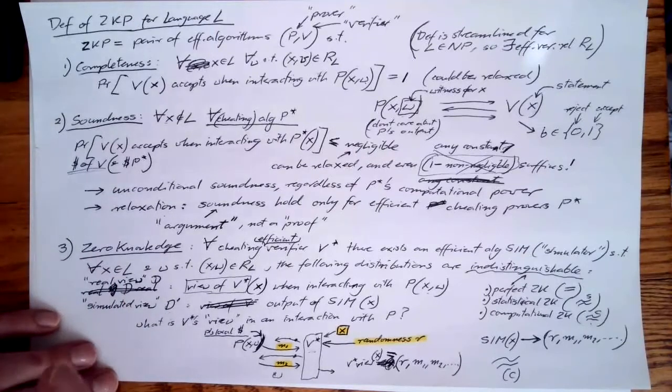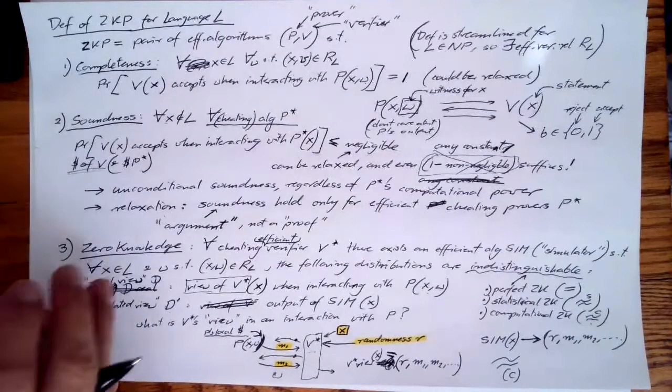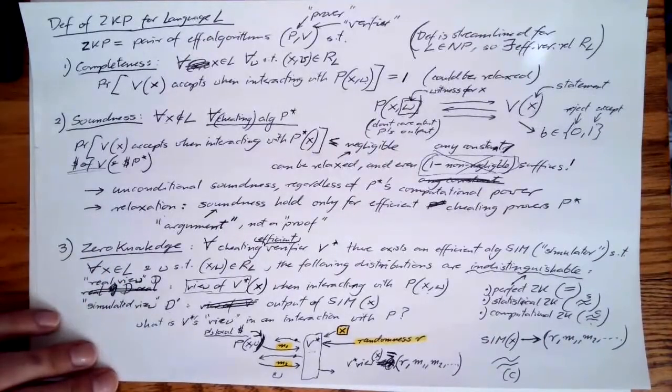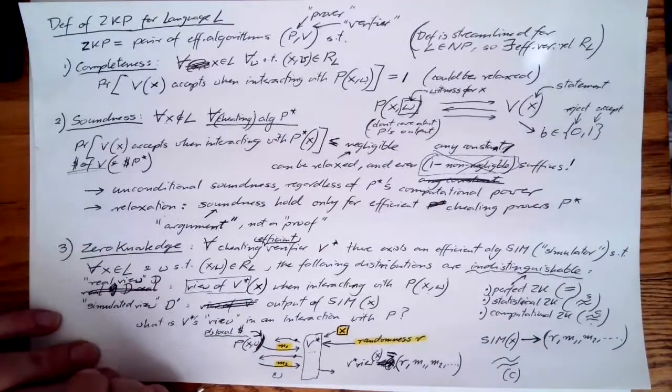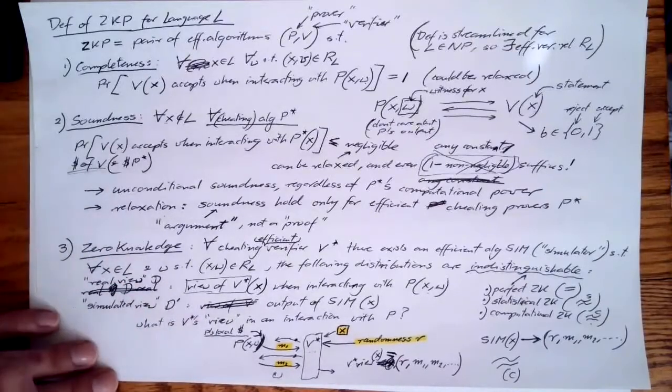And so now you have the real and the simulated distribution for this worst case x. Let's say you take all x's and you maximize the distance between these distributions. But you can see that it gets hairy.